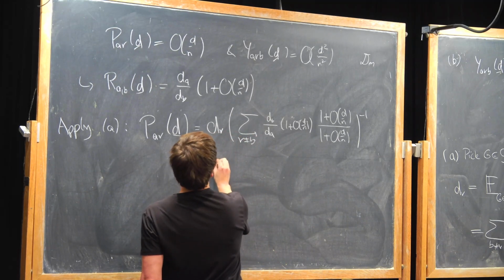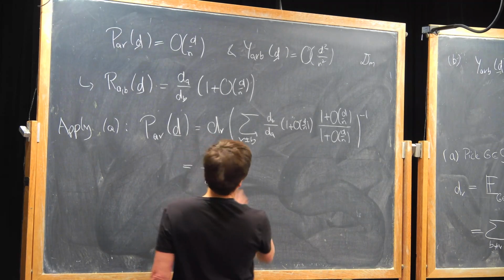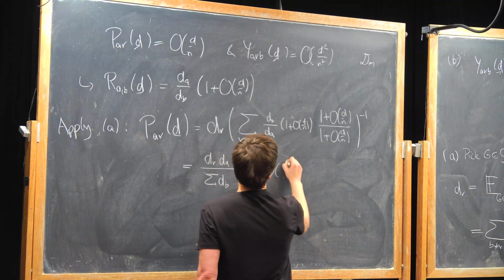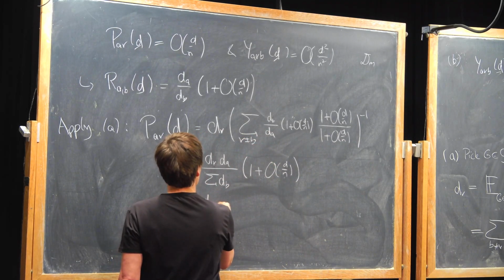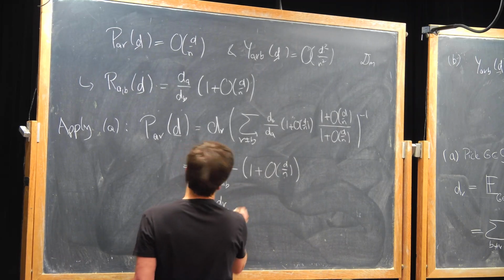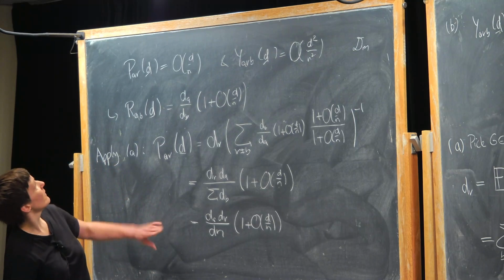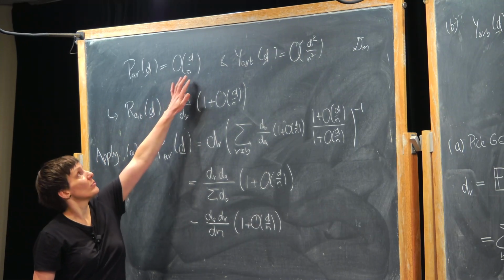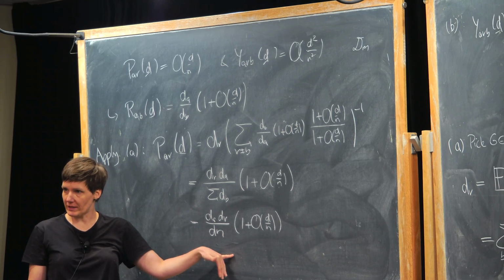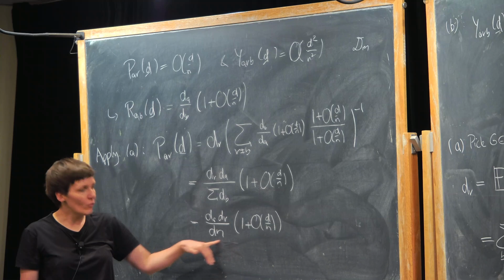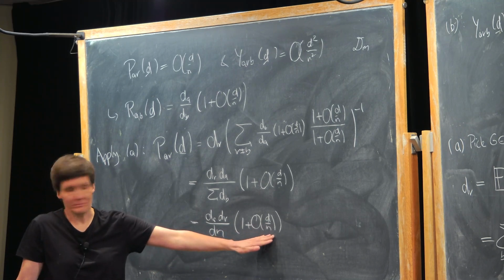It's dV times dA over the sum of the dBs times 1 plus big O of d over n, which is dA times dV over dN times 1 plus big O of d over n. Okay, so we started with that bound, big O of d over n, and now we have much better precision of what this edge probability is. It's dA times dV over the total degree. My relative error is now d over n.